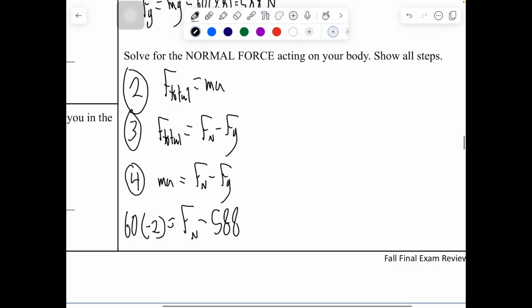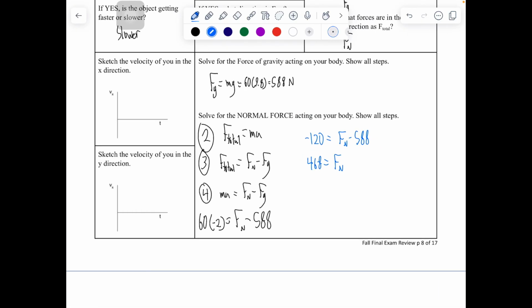So we could rewrite over here, negative 120 equals normal force minus 588. Add 588 to both sides. We should get 468 is our normal force. And now, of course, that would be newtons as well. Can't forget those units.